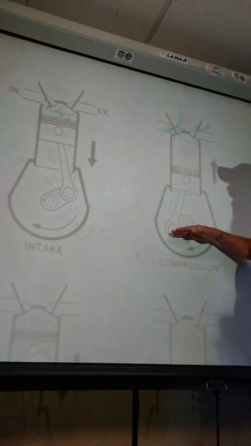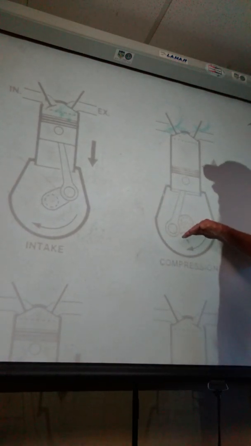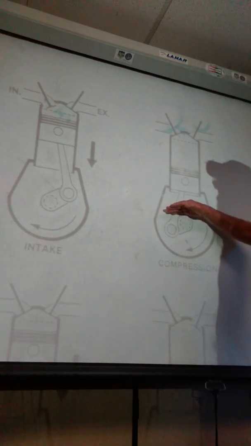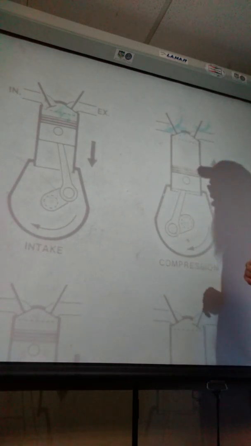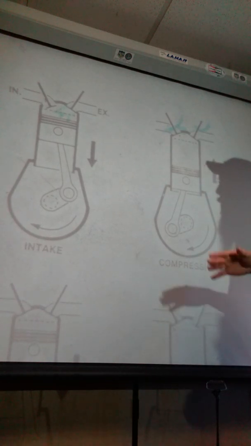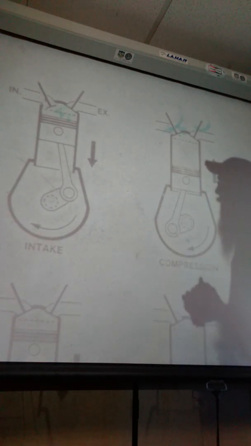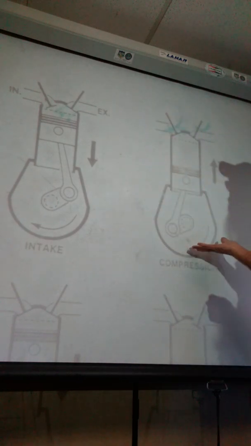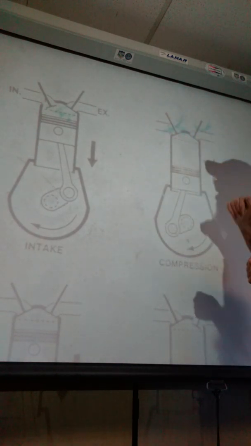Then once we hit bottom center and we are heading back up, we're going to be on the compression stroke. They do have test questions that want you to have those memorized: what are the four strokes in the order that they occur? So we have our intake, then we compress that fuel-air mixture, where both our valves will be closed.